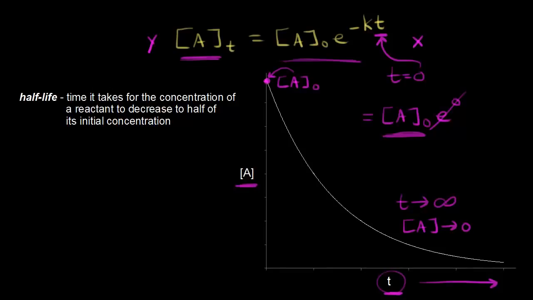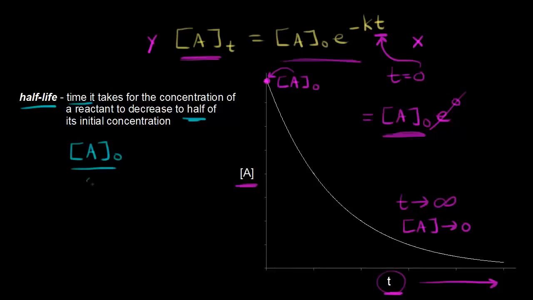Next, let's think about half-life. Over here is our definition for half-life. It's the time it takes for the concentration of a reactant to decrease to half of its initial concentration. So if this is the initial concentration here, what would be the concentration after half of it has reacted?